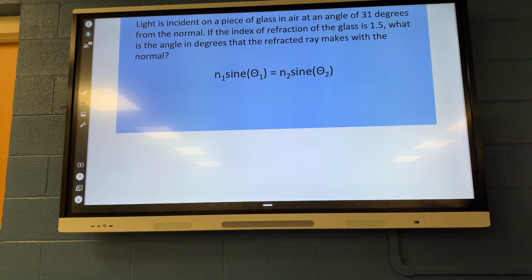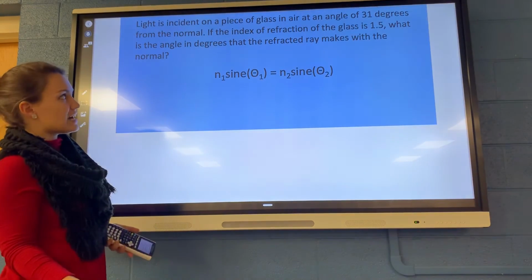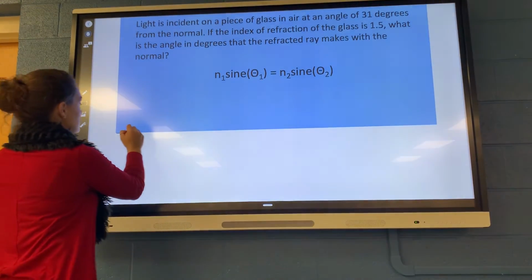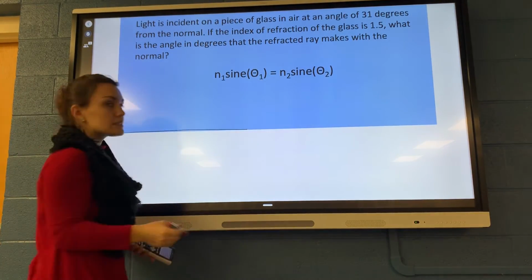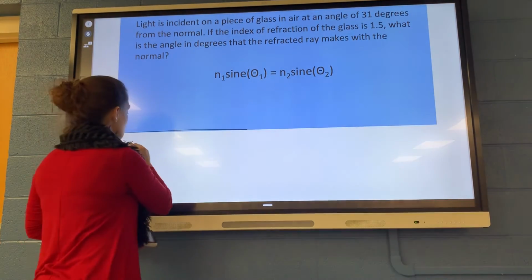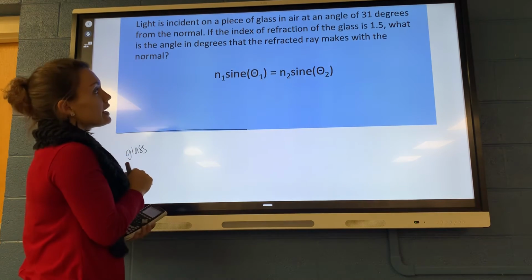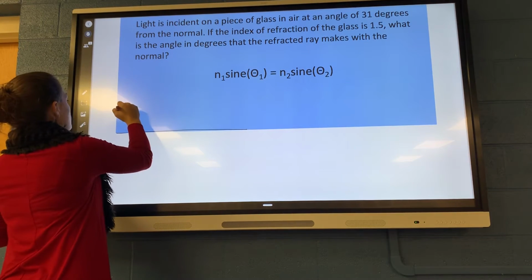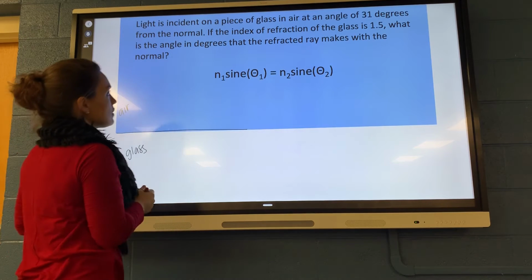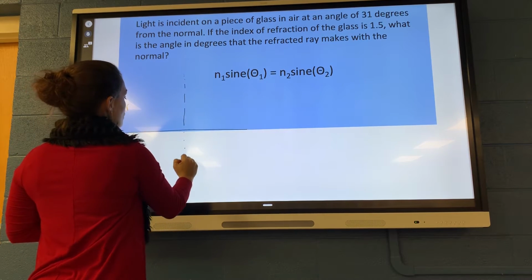All right, so let's look at one more example. Light is incident on a piece of glass in air. It's incident on the glass, that means it's hitting the glass. So down here is glass, and up here is our air. It hits at 31 degrees. So here's your normal.